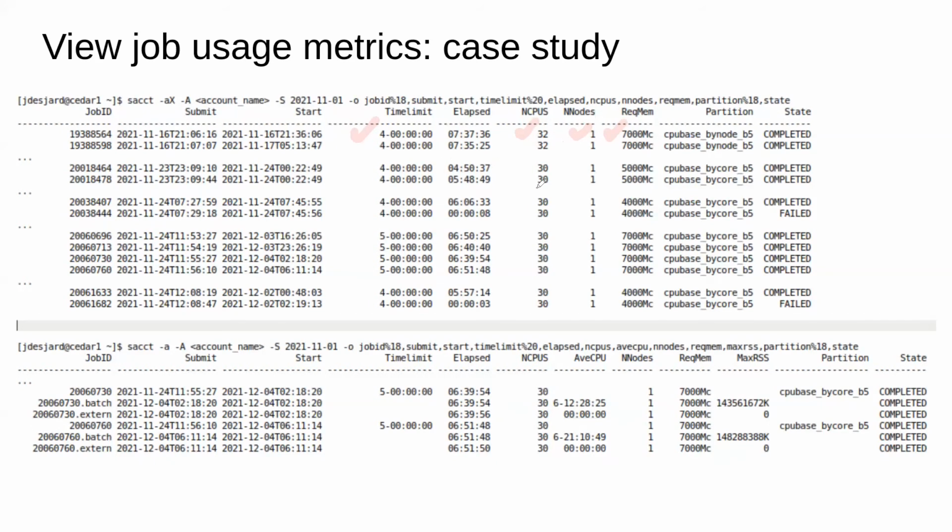So what we want to see is, because we know that the time limit has a substantial effect on the number of nodes that a job has access to, we want to know if completed jobs in the past really needed that much time. And what we can see for this case, that all of these jobs actually completed within 8 hours.